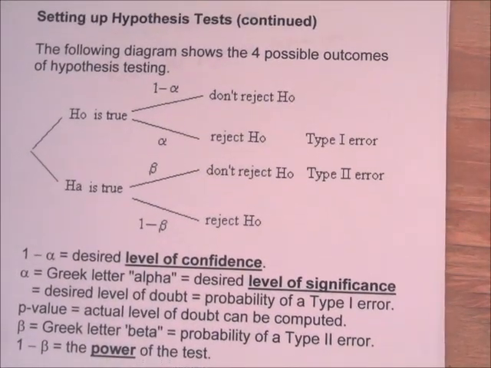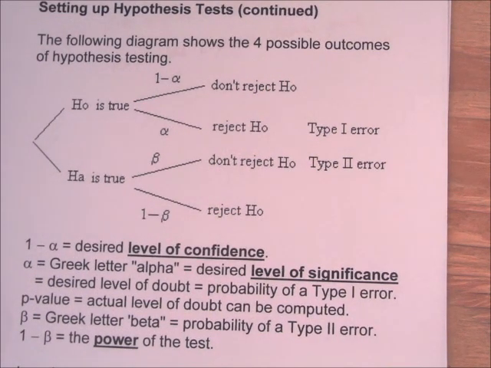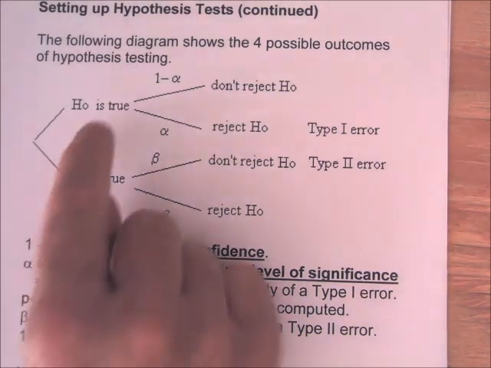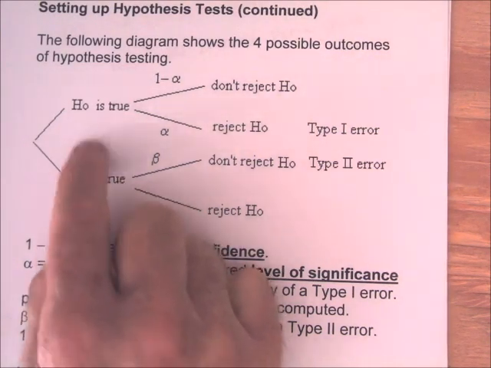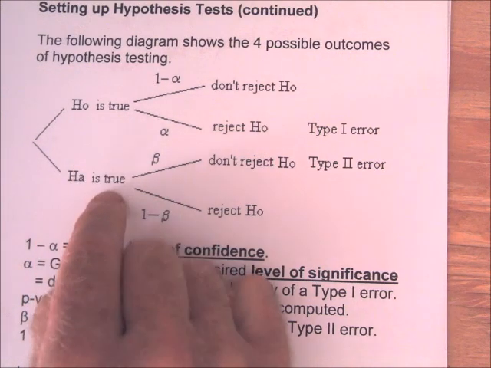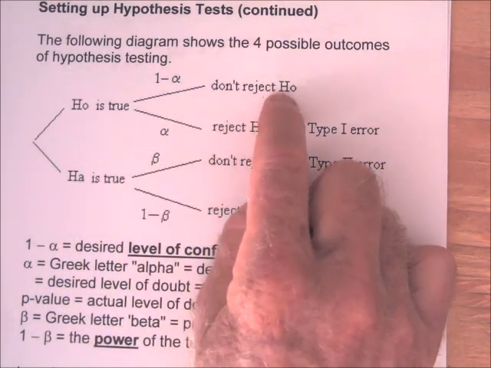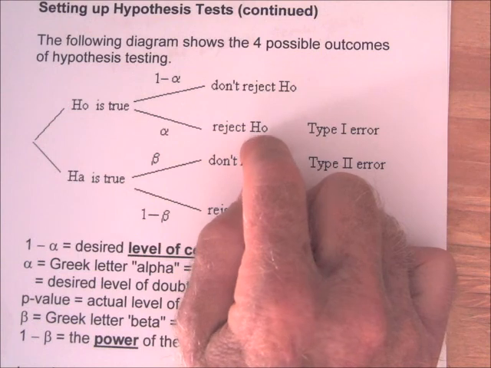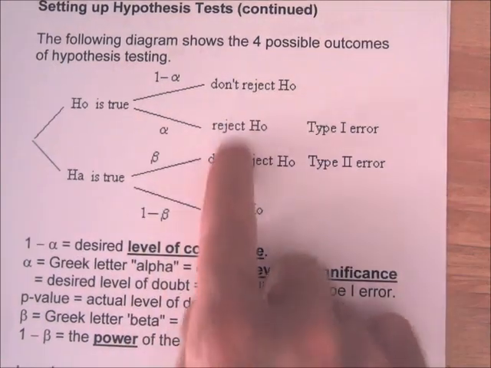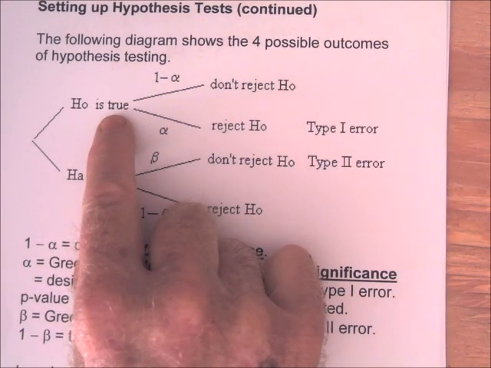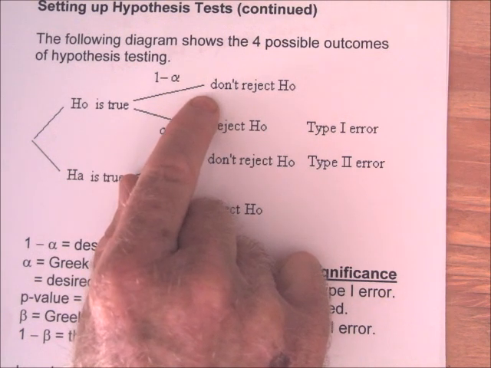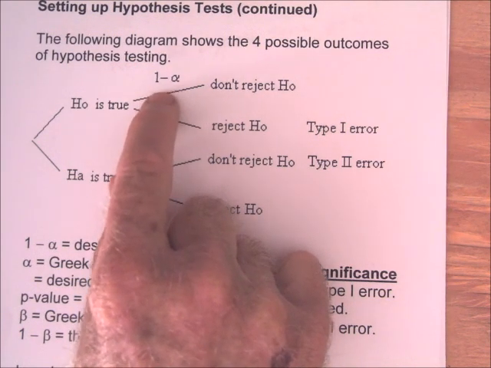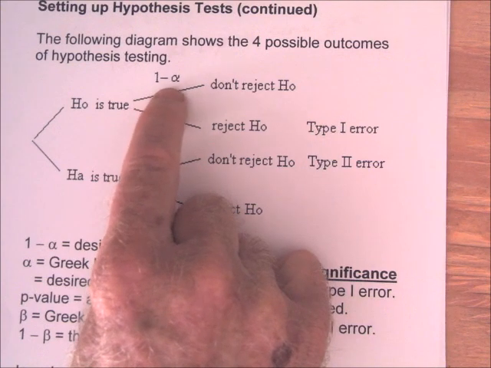The following tree shows four possible outcomes for hypothesis testing. Either H0 is true or HA is true, and either we don't reject H0 or we reject H0. So there are four possible outcomes here. If the null hypothesis is true and we don't reject H0, that's our confidence level, that's 1 minus alpha.